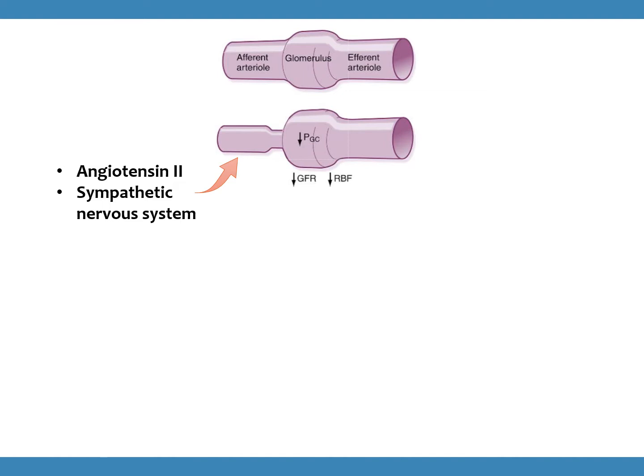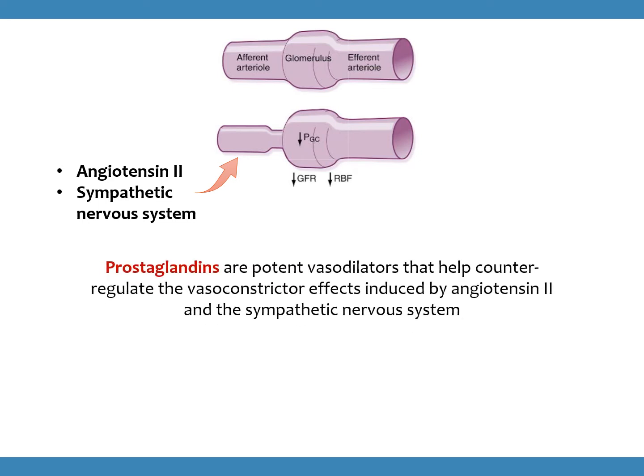So in order to counteract this, the kidney has auto-regulatory mechanisms. Prostaglandins play a major role. They are released locally and nullify the effects of the sympathetic nervous system and angiotensin II, thus maintaining a good GFR.